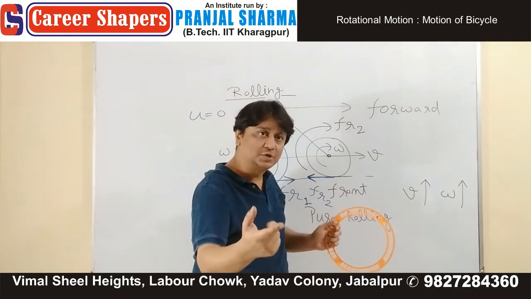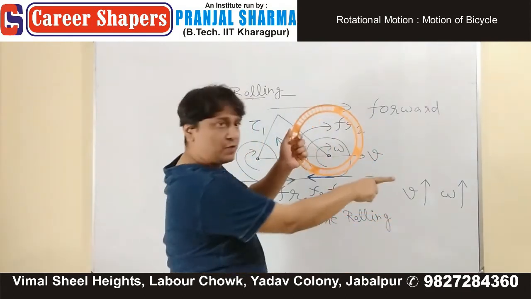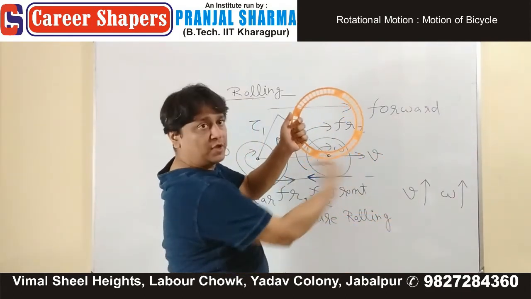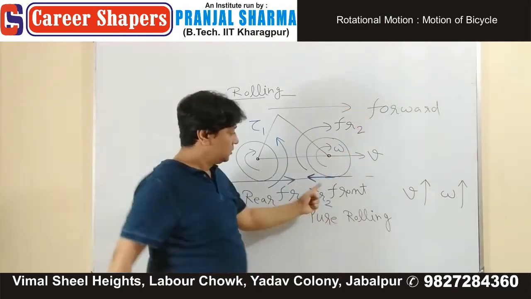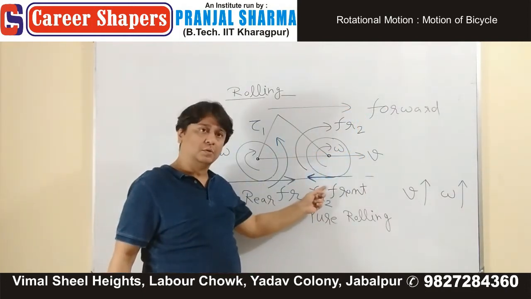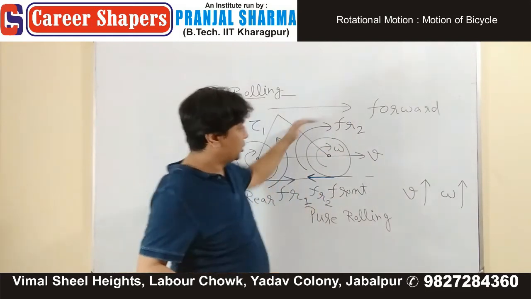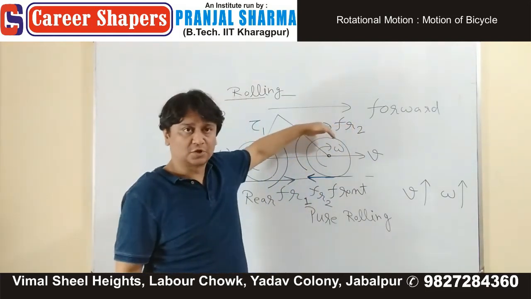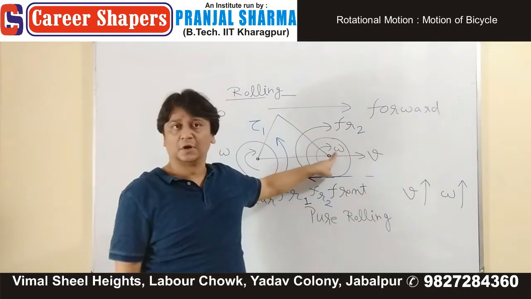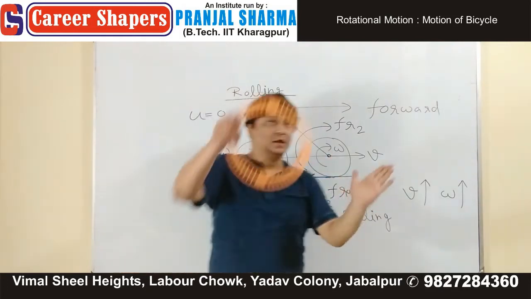And how does it oppose it? It opposes this forward motion by acting in the backward direction, which is FR2. And the moment FR2 acts in the backward direction, it produces what? A clockwise torque, which develops omega in the front wheel.